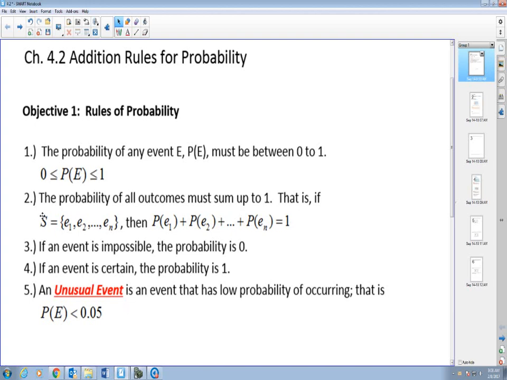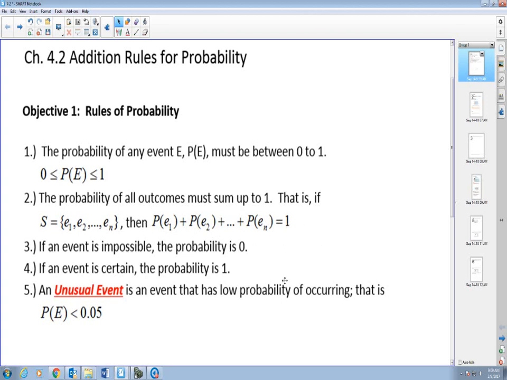Rule number 2, probability of all the outcomes must sum up to be equal to 1. So if you have a sample space, event E1 all the way to the last event, then if you add up the probability of every single event, it will equal up to 1.